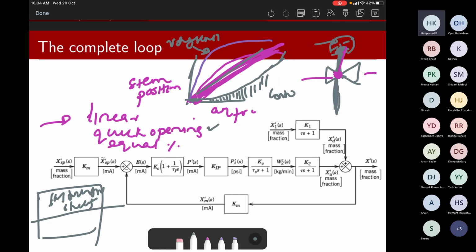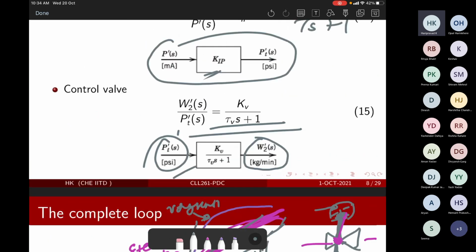It would give you its calibration detail. For instance, if you are assuming it as a first order dynamic, it will say the valve dynamics is first order having a gain this and a time constant this.